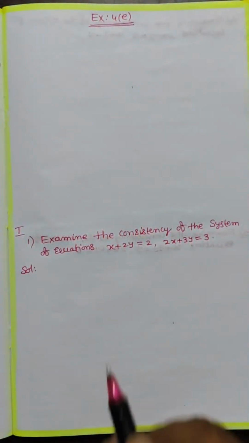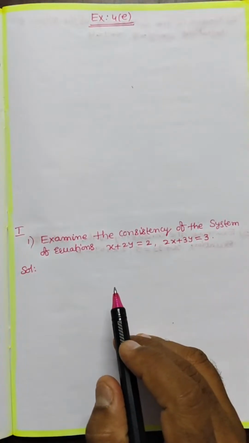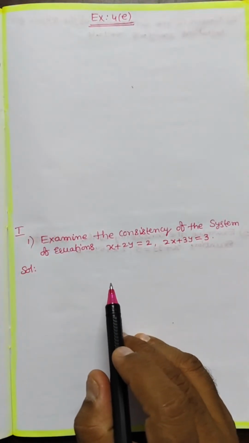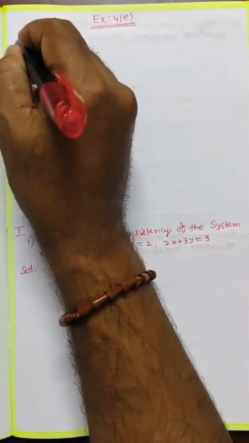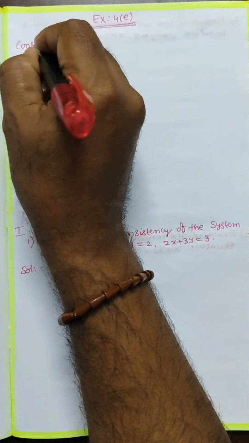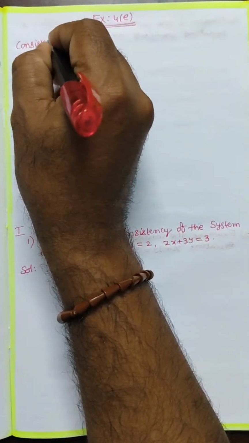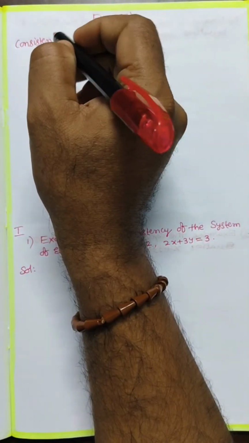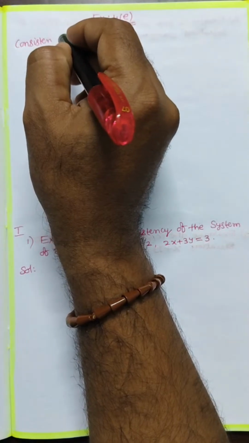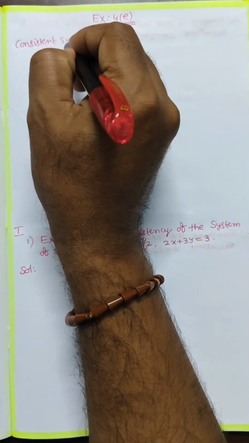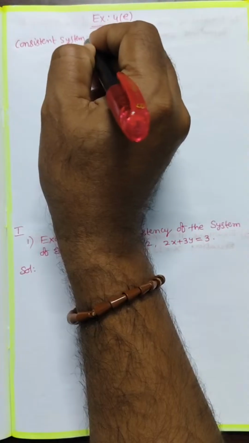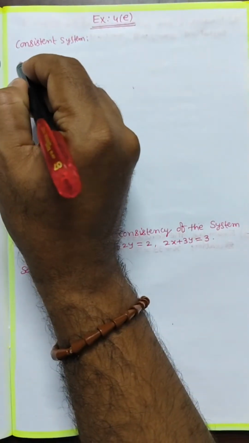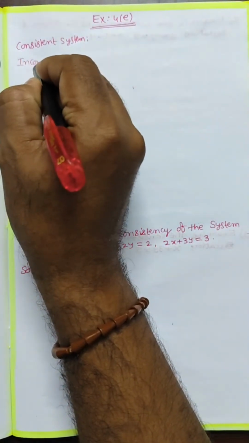In exercise 4e, we are discussing the consistency of a system of equations. What is the meaning of consistent? What is inconsistent? Both meanings we will discuss.